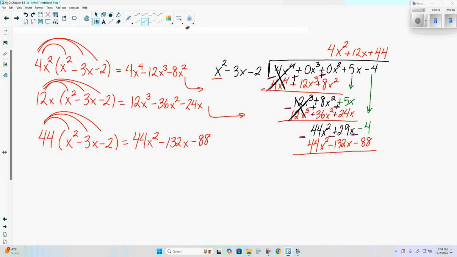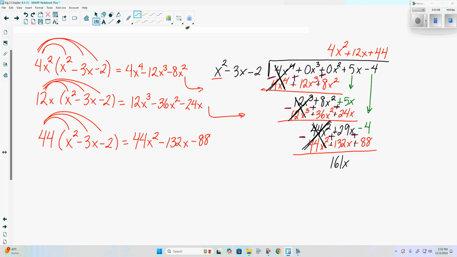And again, we're going to subtract. So the first thing we're going to subtract is 44x squared minus 44x squared. 44 minus 44 is 0. That cancels out. 29x minus negative 132x. Well, the negative and negative again will make a plus and gives us 161x.